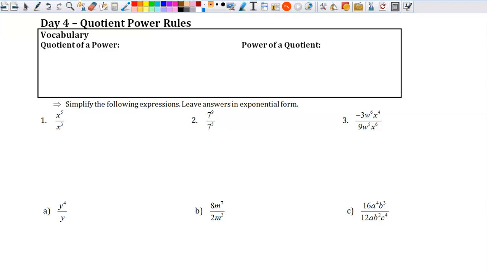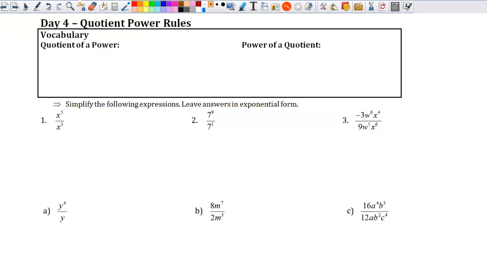We're on to day 4 of Unit 9, which is quotient power rules. And all quotient means, if you remember, is division. Well, yesterday, you guys were multiplying. And when we were multiplying, we multiplied coefficients like we would ever since 3rd grade. However, we had to add exponents if the bases were the same.